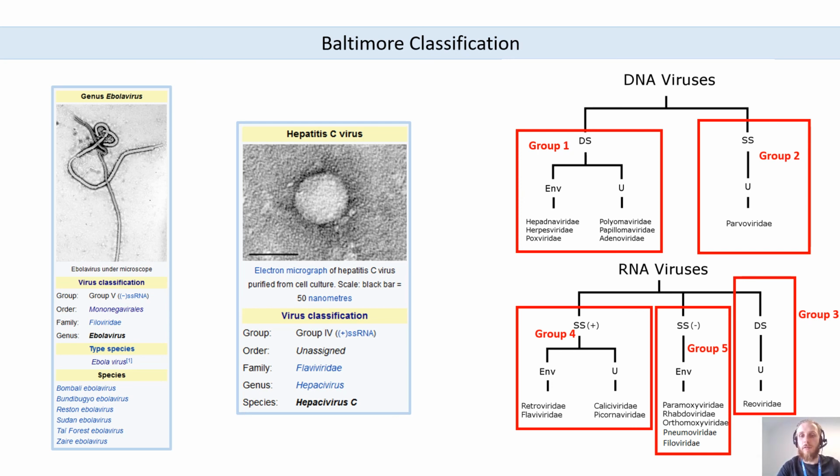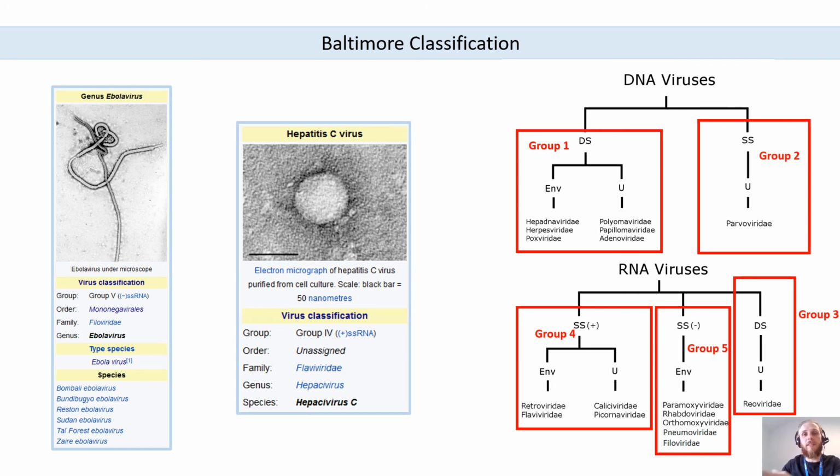We can see group 1, 2, 3, 4 and 5 have clear positions on the phenotypic classification system. Group 6 and 7, this is where things get a little bit more complicated, because as we've said, these are viruses that have types of genome that are represented in the other groups.